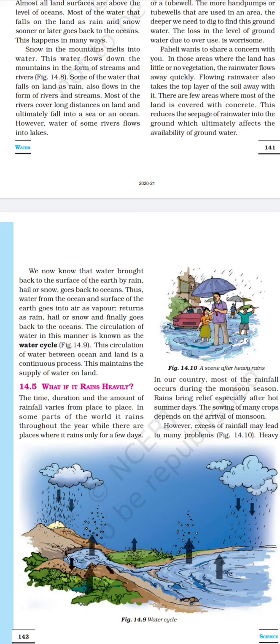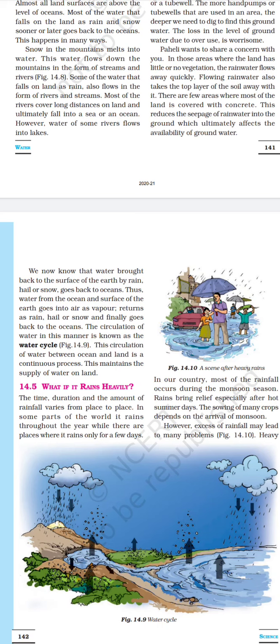And how does this water go back to the atmosphere? It goes into the air as vapor or returns as rain, hail or snow, and finally goes back to the oceans. This circulation of water is known as the water cycle.